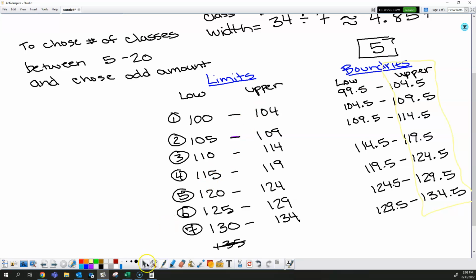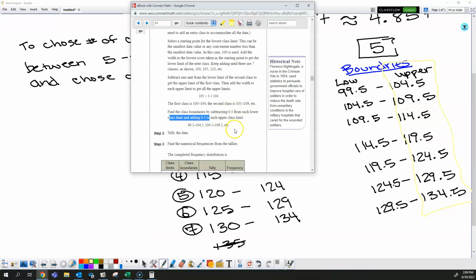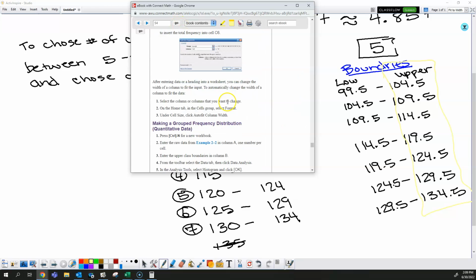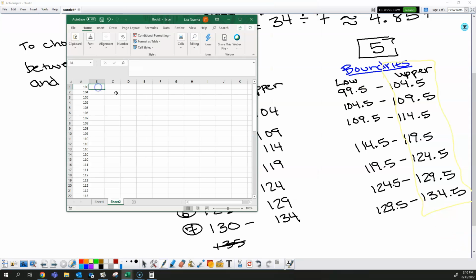So that's what we did right here. Going back then to the Excel step-by-step directions. Found our upper boundaries. And I'm going to go back to page 54. Enter the upper class boundaries in column B. All that so we could have these right here. Column B, and I just start with 104.5.